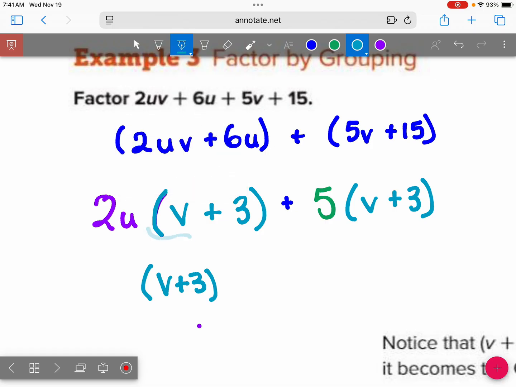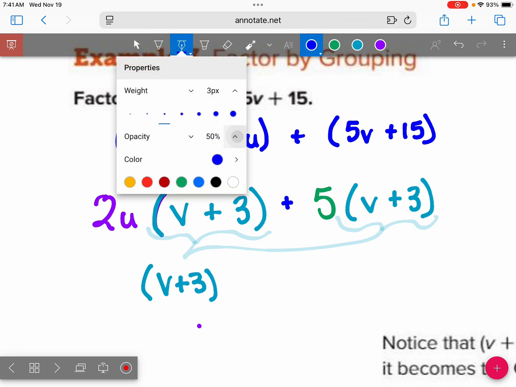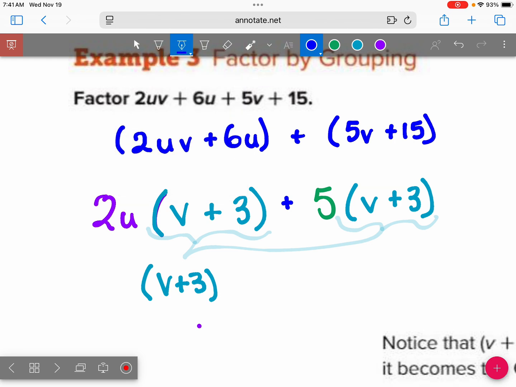What that's doing is taking this guy and this guy and saying, hey, that's my GCF right there. So then we look at the pieces that are left over. What we have left over is a 2u plus 5. So our leftover bits, these guys that were in front, they make their own factor.